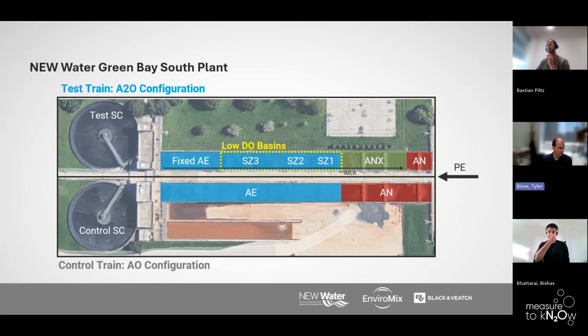And in the test basin, we tried several different configurations of low DO. The low DO was basically implemented in what is labeled as SC3, SC2, and SC1. So those are the low DO zones of the basin. And then at the end, we have a fixed aerobic zone, which is a constant higher DO to maintain clarifier performance and also polish ammonia for effluent reasons. So that fixed aerobic zone DO is, depending on the time of the study, between 3 and 1.5. Next slide, please.